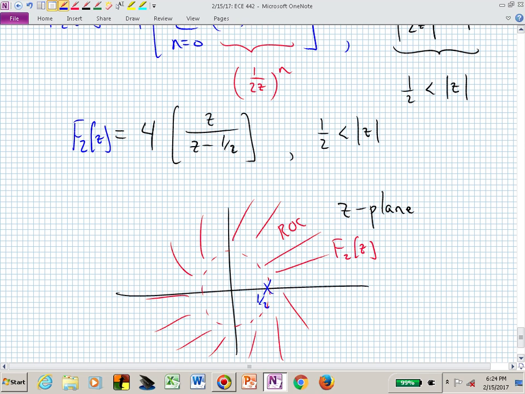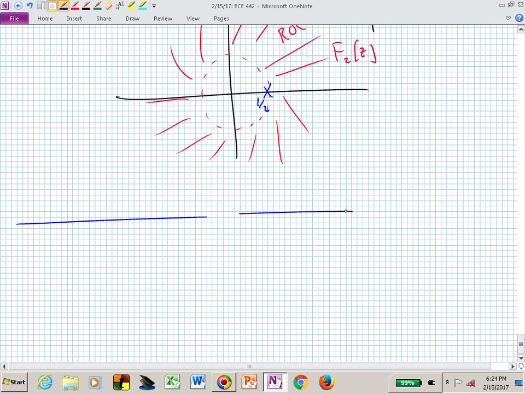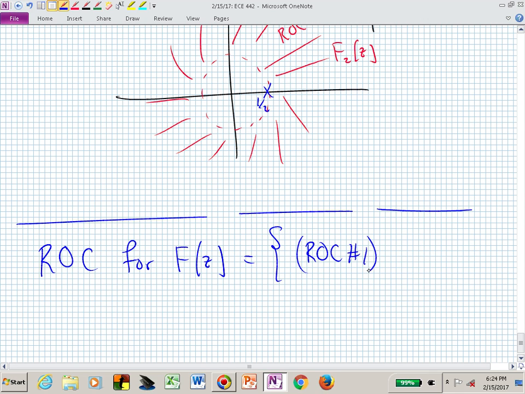We need to take the intersection of those two regions of convergence and hope they have some overlap. In this case, to find the region of convergence for our overall waveform, we now need to take the region of convergence number 1 and intersect that with the region of convergence for the second expression.